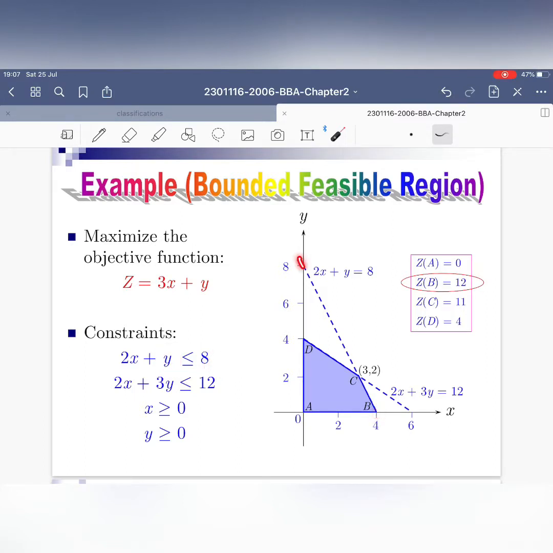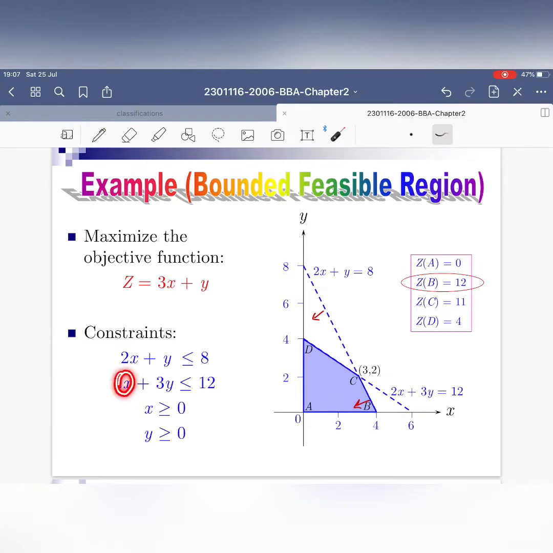Then you draw the line, and again you have the one above and the one below, and the one below includes the point 0, 0. You plug in and get 0 less than or equal to 8, so you need to include that point, so you need the one below. Okay, this line.